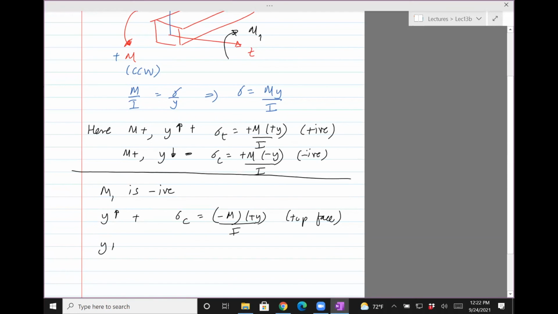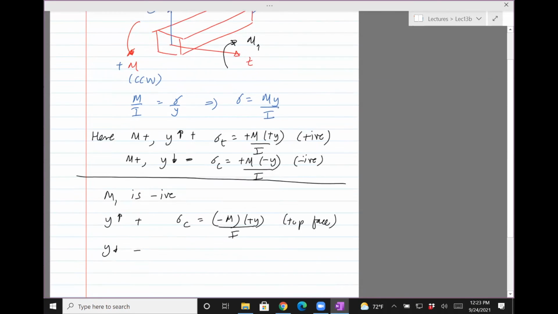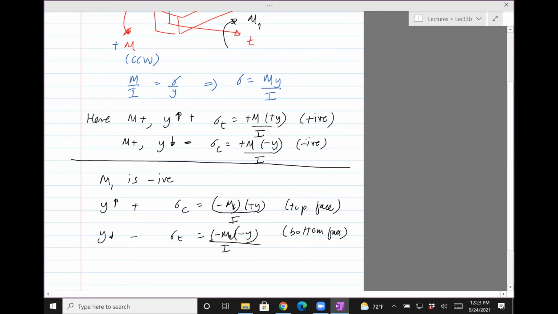The same reasoning applies for down. Downwards on the bottom layer, you'll have tension, so sigma t equals minus M minus y. When I say minus M minus y, there's some value given to M, and I'm just plugging it into that equation, bottom face. So all checks out in terms of sign. It's all consistent. Okay. Any other questions?